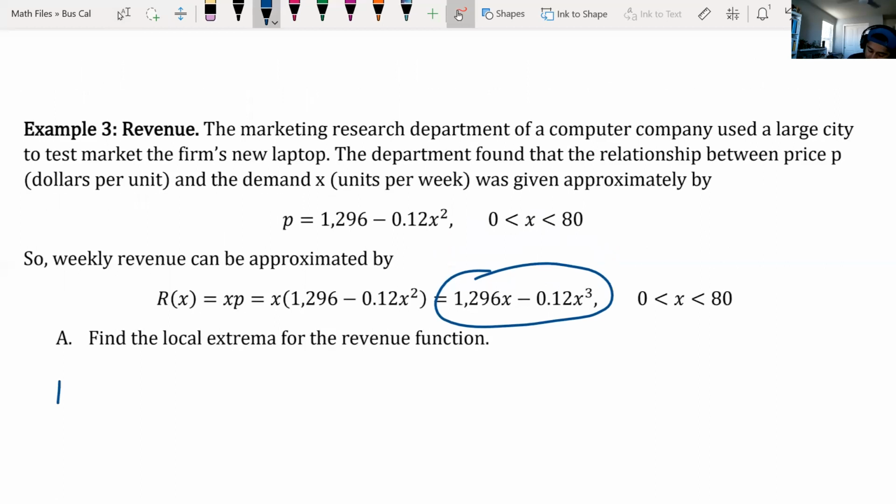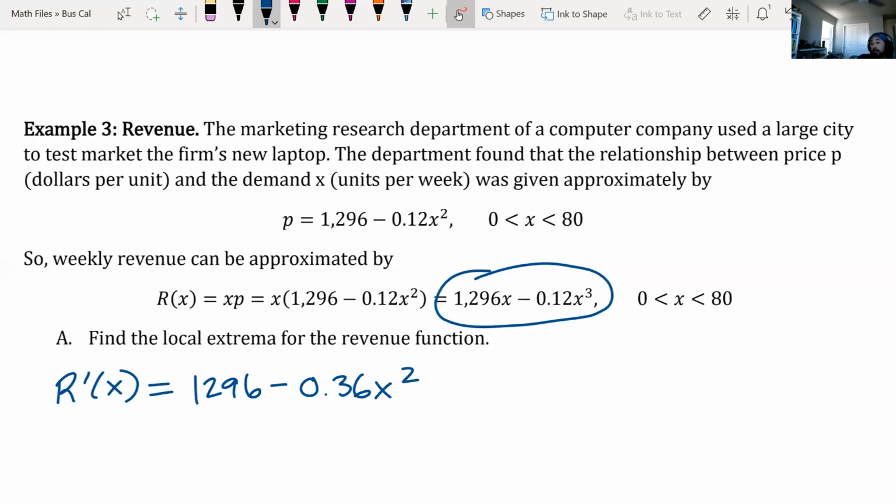For A, we're going to say R prime of x, take the derivative of the revenue function they're giving us, and the derivative of 1296x is 1296 minus the derivative of 0.12x cubed, which is 0.36x squared.